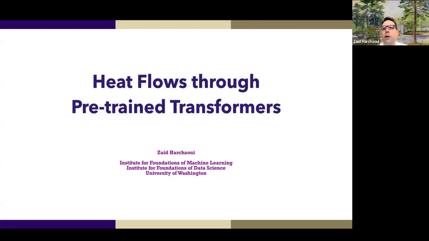I'll start with the basic engine of transformers, which is the self-attention mechanism. This is a mechanism that is familiar to many people now. However, it is worthwhile to introduce it just to set the notations.